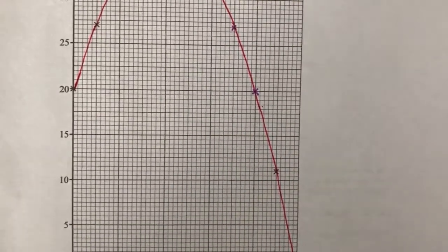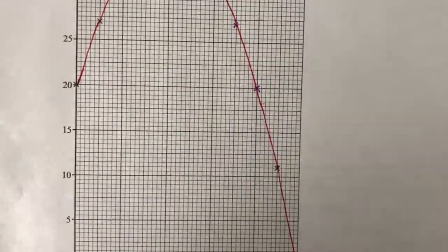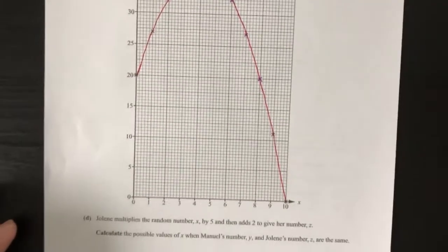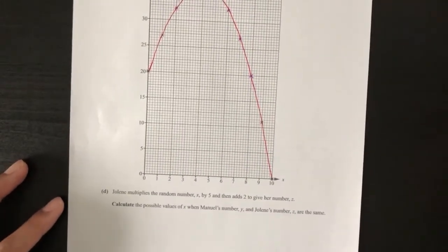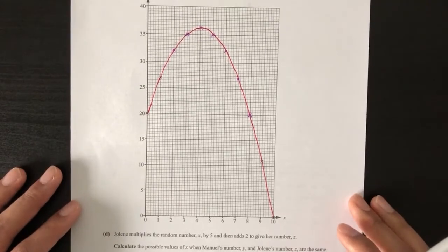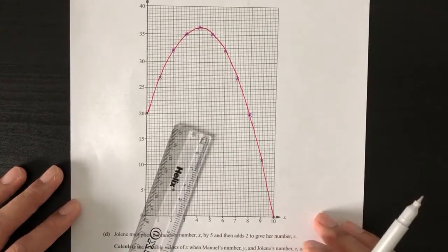So let's do that. So let's bring this back up so we can see the whole graph. See where does it cut the graph exactly.